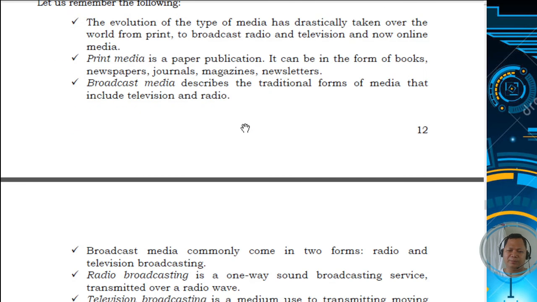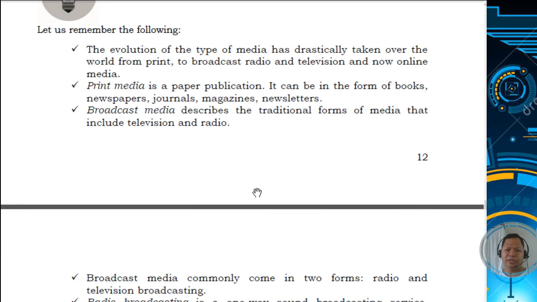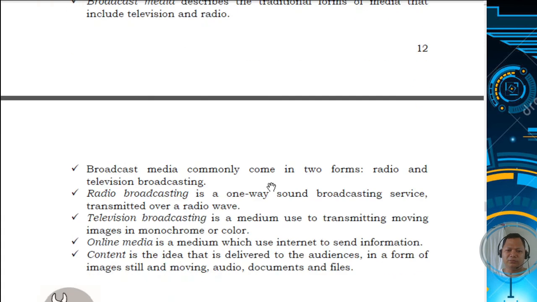To sum up, what I have learned today. Let us remember the following. The evolution of the type of media has drastically taken over the world, from print to broadcast, radio and television, and now online media. Print media is a paper publication. It can be in the form of books, newspapers, journals, magazines, and newsletters. Broadcast media describes the traditional forms of media that include television and radio.